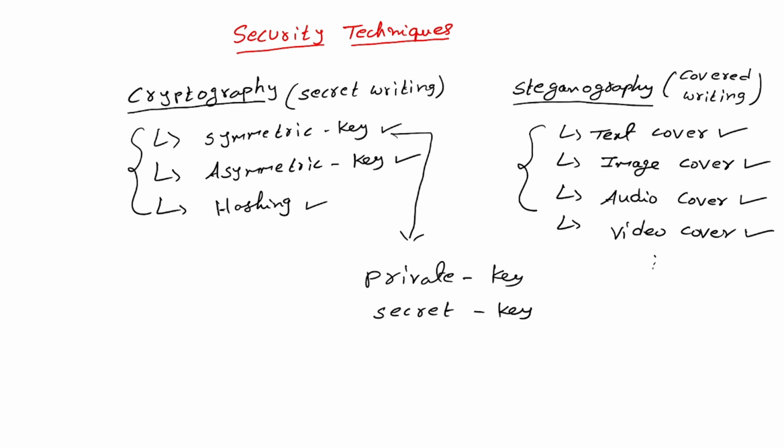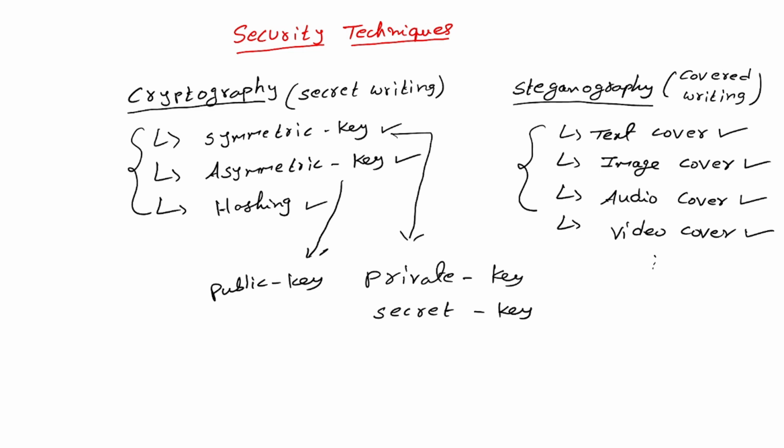We can call it symmetric key encipherment or symmetric key cryptography, private key or secret key. And asymmetric key we call public key encipherment or public key cryptography.